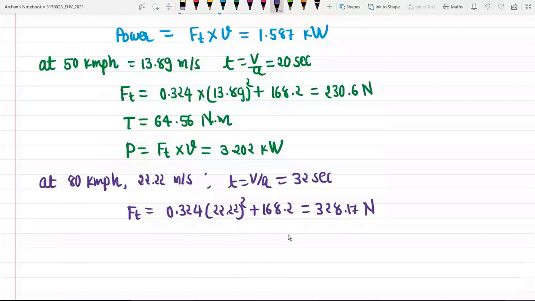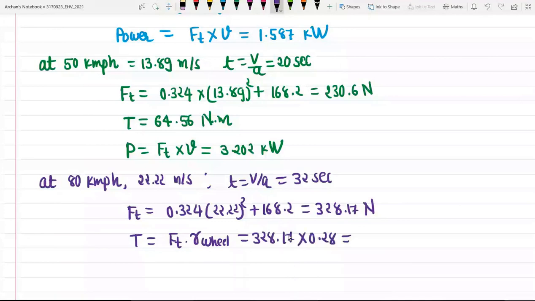If I talk about the torque, torque is equal to Ft into R tire, so 328.70 into 0.28, which is equal to 91.88 Newton meter.